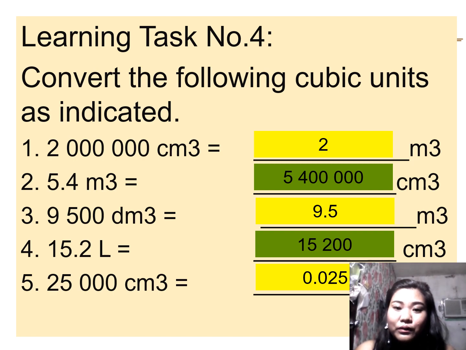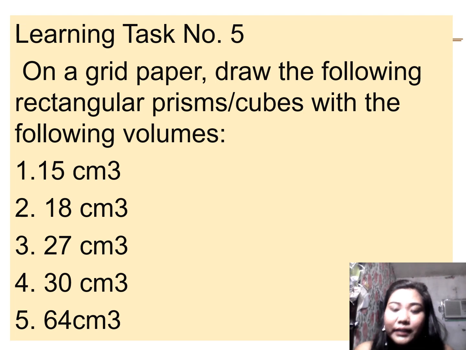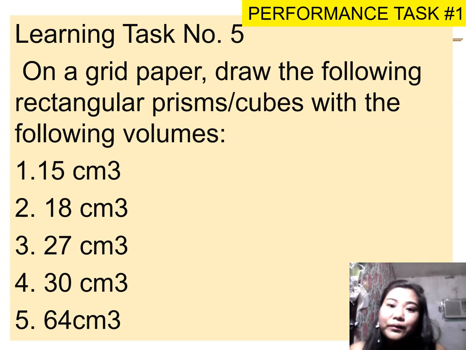In this learning task 5, this is your performance task 1, where you are creating a rectangular prism or cube using the following volume. You will draw using the following volumes. It is our performance task 1.